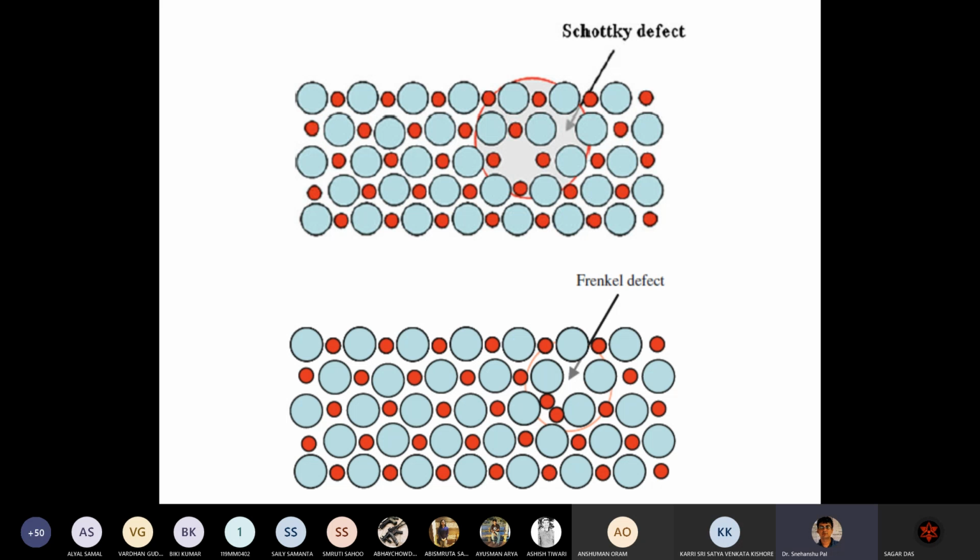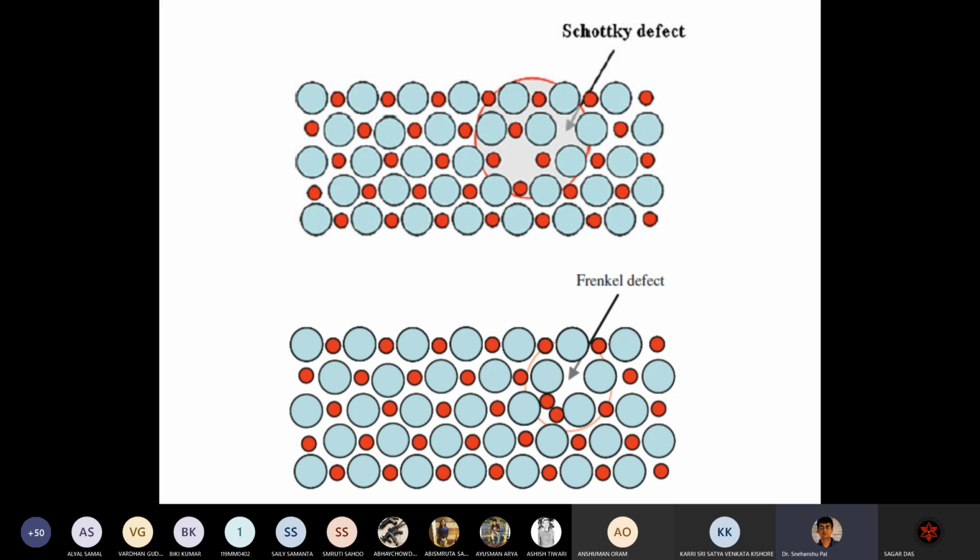Now, here our objective is to understand Schottky and Frenkel defects. In an ionic compound, unlike in a metallic system, defects are present in ionic form.